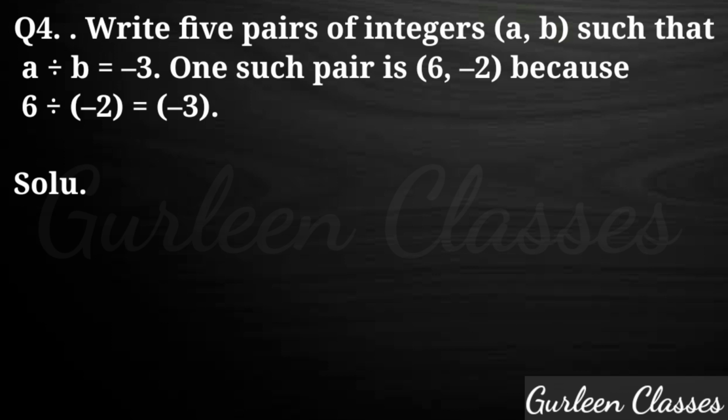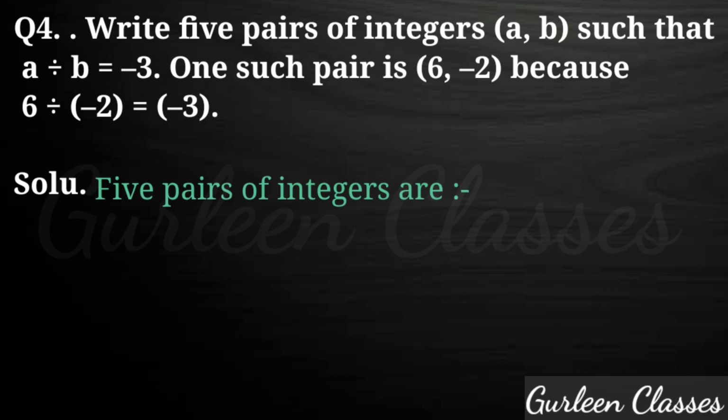to minus 3. One such pair is 6, minus 2 because 6 divided by minus 2 is equal to minus 3. So students, here we have to write 5 pairs of integers. So first pair is minus 24, 8.